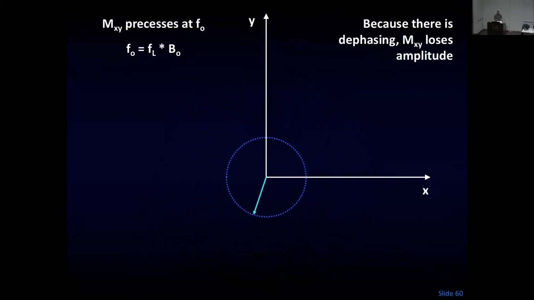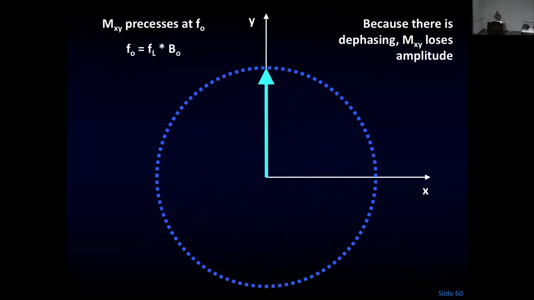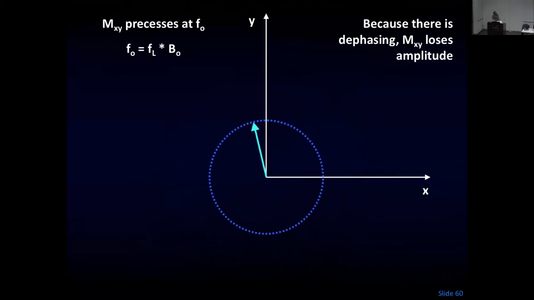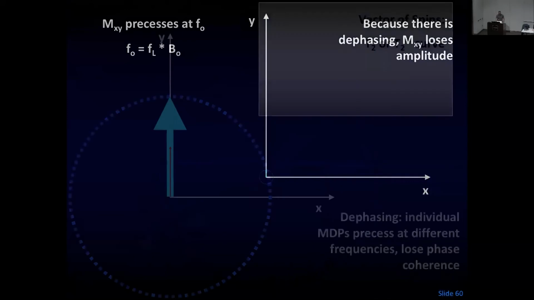I'll explain the dephasing in just a moment, but for now what I want to emphasize is that as it's precessing, it actually loses amplitude. It doesn't maintain the same amplitude forever, and eventually it disappears and loses all of its amplitude.